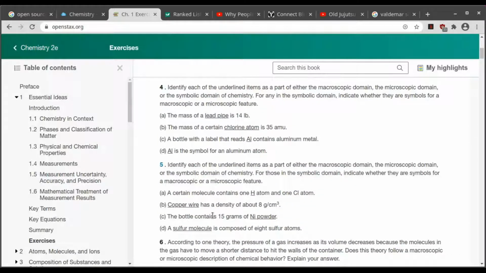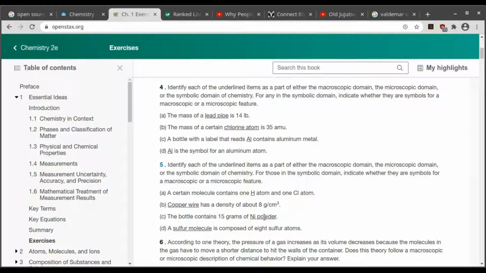Right, because we're not using the symbol for copper wire. We're using the words copper wire. We have the grams and centimeter squared, but we're using the word copper wire. Here, we're using the symbol for nickel. So this would be symbolic, and grams is macroscopic. And then this is just microscopic. Okay. All right. Makes sense.